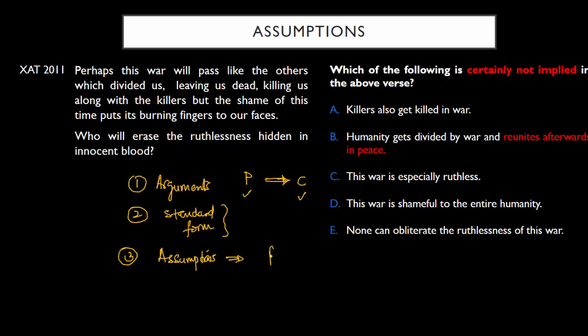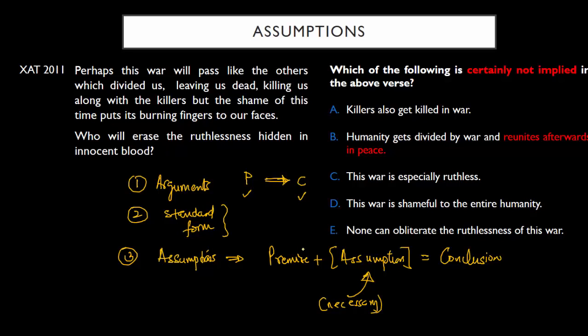Assumption would mean your premise plus the assumption, which is hidden, is your conclusion. And we also understood that assumption is something that is necessary for the premise to connect to the conclusion.